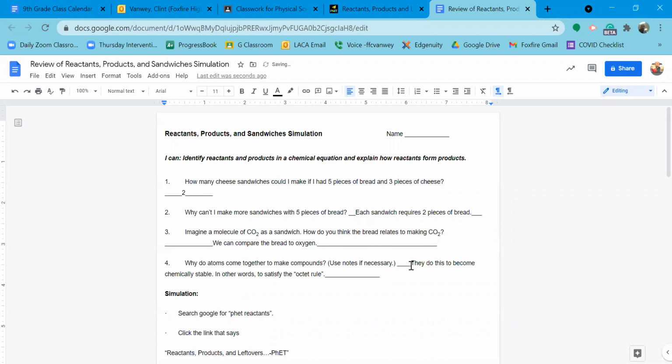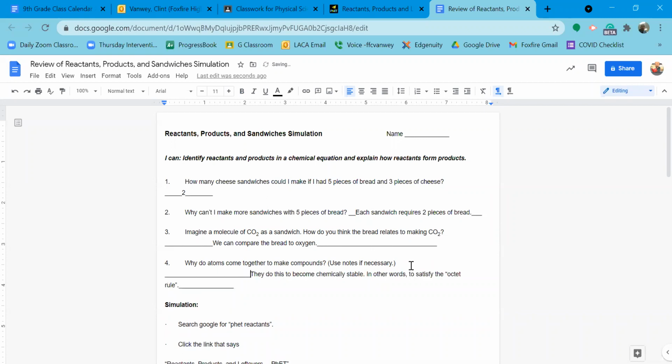It says that atoms like to have 8 electrons in their outer shell. I mean, not that atoms really like anything at all. Atoms are just atoms, but I think you take my point. Atoms come together so that their outer shells are full of electrons.